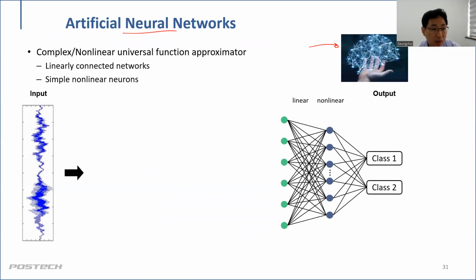Basically what we want to do is find out the function approximator between the input and output data. But those relationships in general are going to be very complex and have nonlinear characteristics. In this linear part, and in neurons we have nonlinear activation functions, which take care of the nonlinear characteristics.